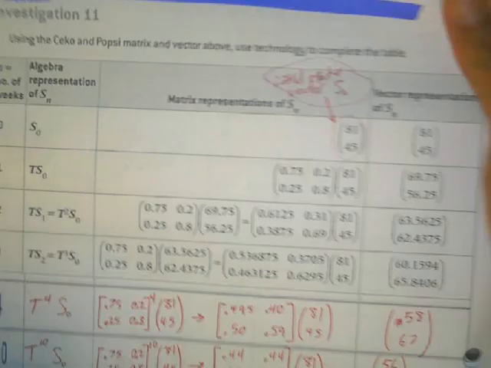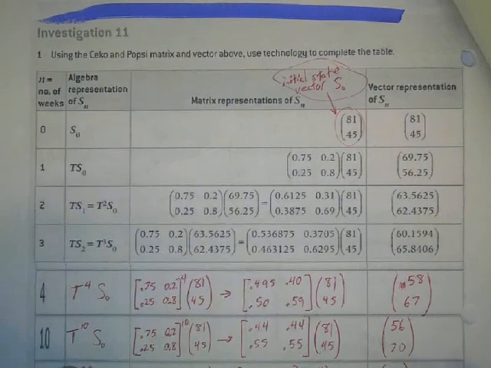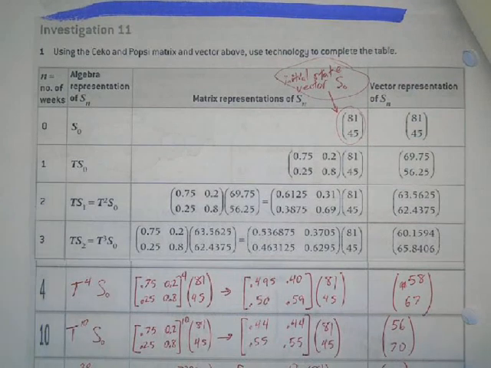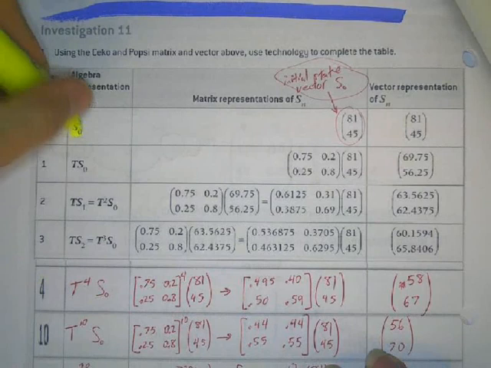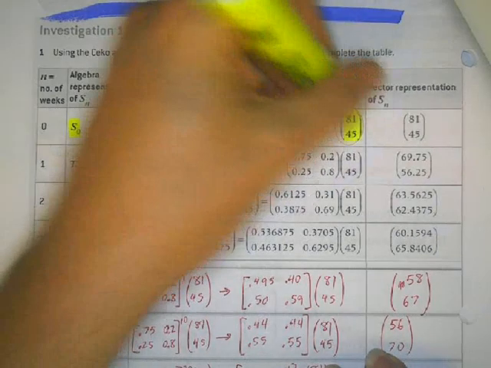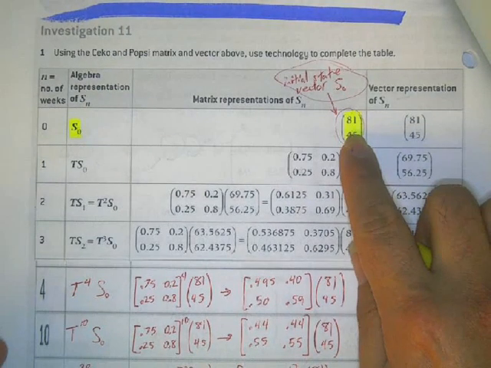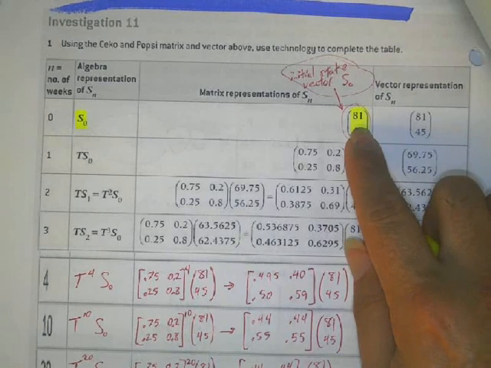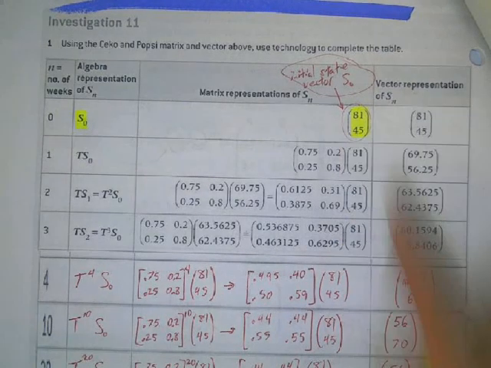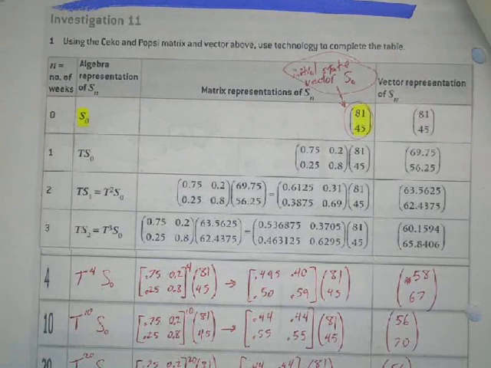This is the page that is probably important. Our initial values are the number of people buying Coca-Cola and Pepsi, with Coca-Cola on top.